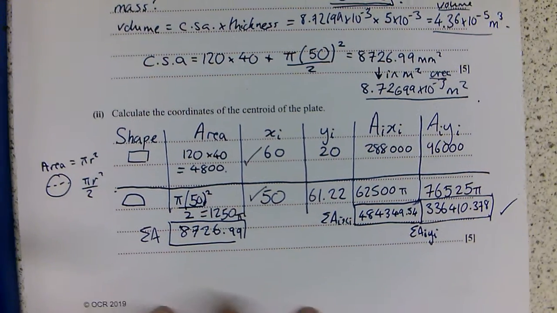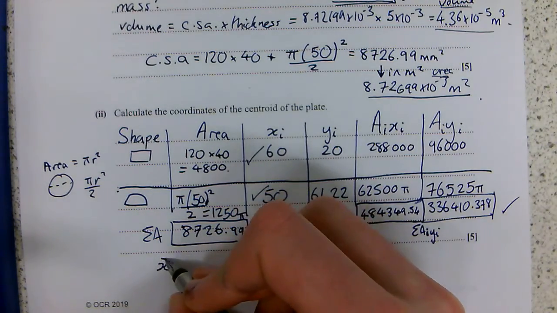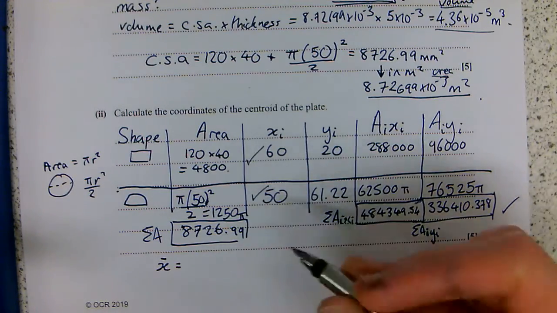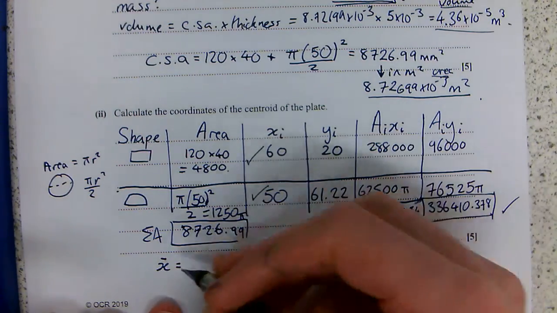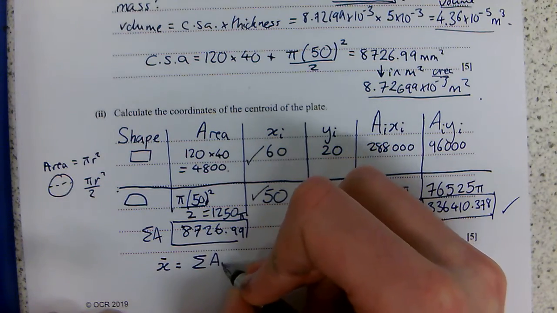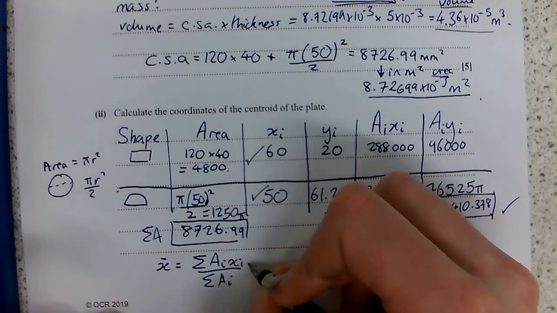Now, what gets us our last 2 marks is actually using our centroid coordinate formula to find the centroids. So our x coordinate is the sigma Ai xi over sigma Ai.